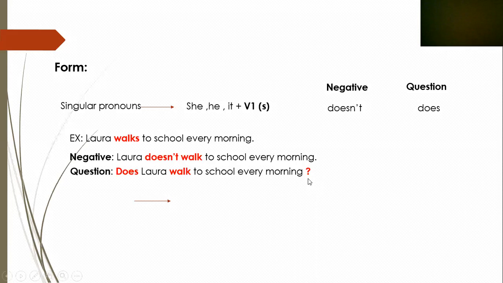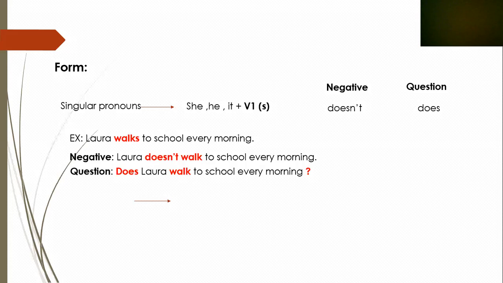And you don't have to forget the question mark at the end of the question. Each question has to start with the helping verb, then the subject, and then the main verb.